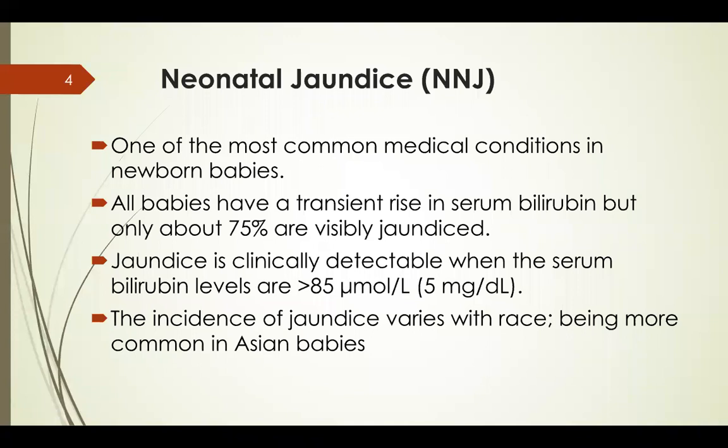It doesn't mean the patient needs phototherapy, but after this, I will teach you how to determine the level of neonatal jaundice by visualization. When you examine the patient, you can see the level of jaundice, and you can sort of guess the level of the bilirubin.